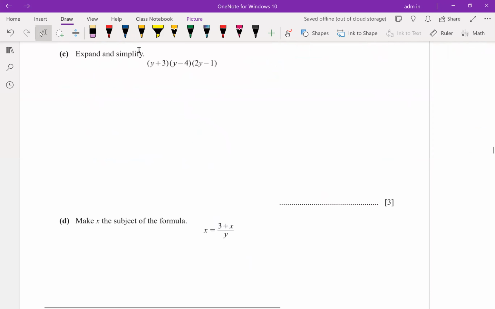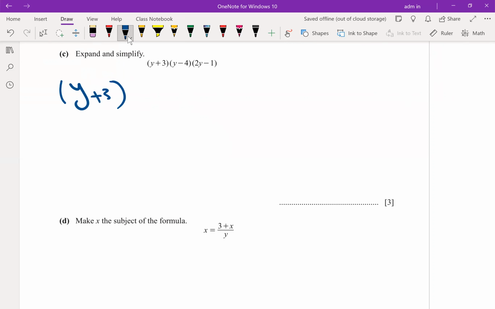How to expand the 3 brackets? Whatever. Multiply first by second, then multiply the result by third. Multiply first by third, then multiply the result by second. Multiply second with third, then keep it multiplied by the first. I will leave the first expression, y plus 3.